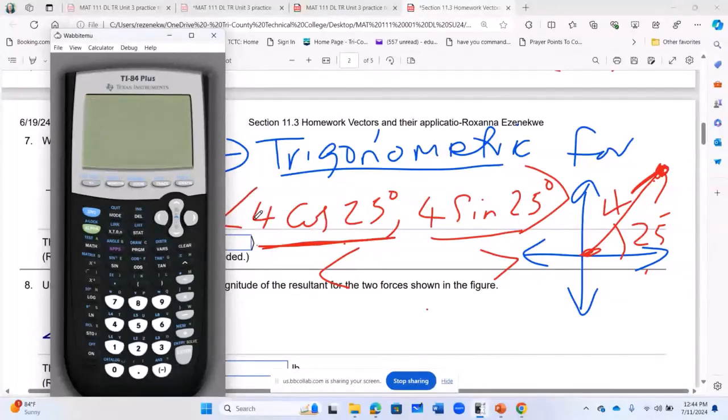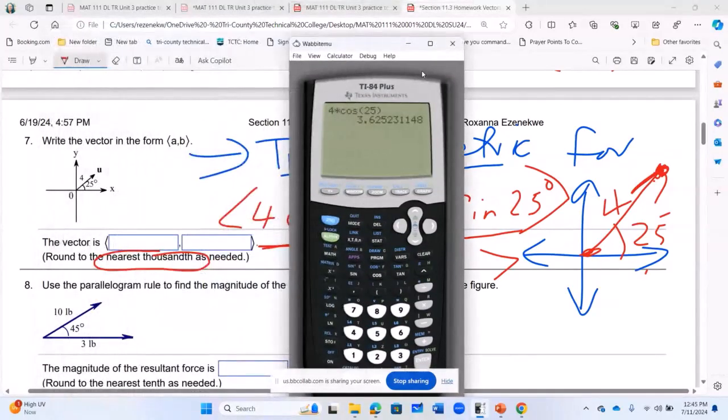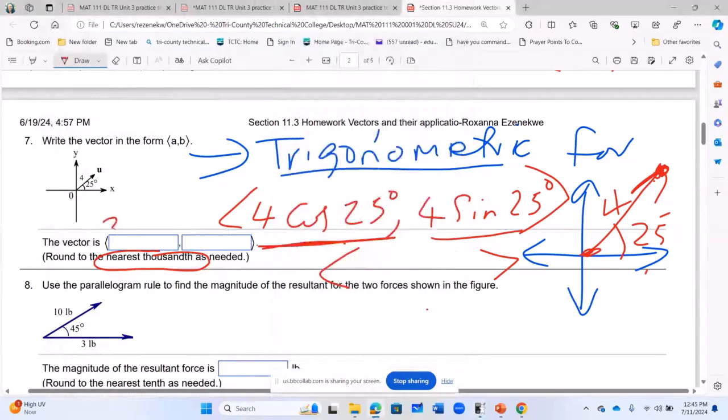To find the horizontal component of the vector, 4 multiply cosine of 25 degrees, close parentheses, enter, leave your answer to 3 decimal places. Therefore, the horizontal component of the vector is 3.625.